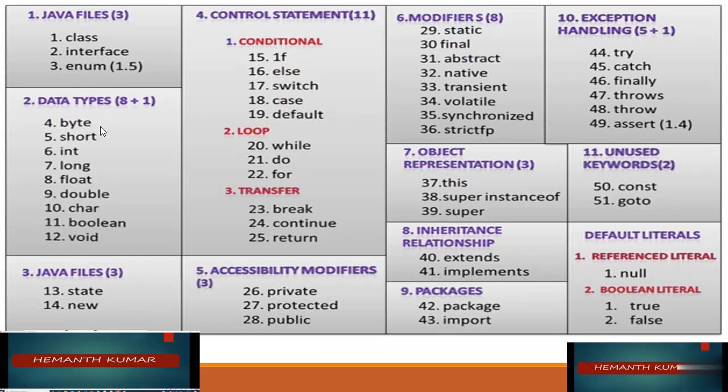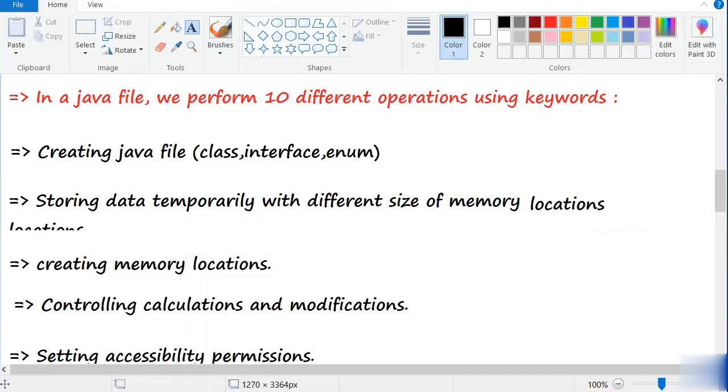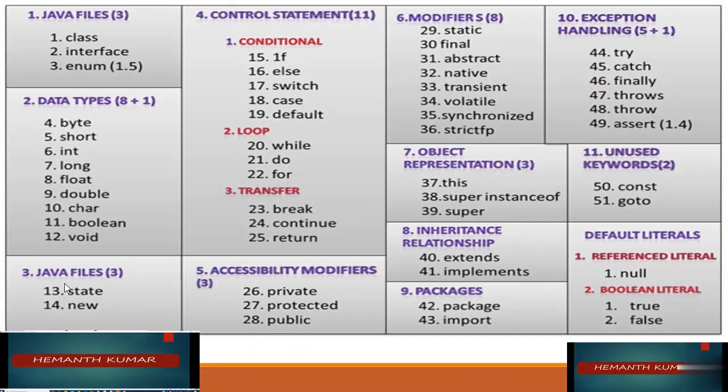These are the data types: byte, short, int, long, float, double, char, boolean, void. Next, we have creating memory locations. By using static and new keywords, we can create memories in our Java class.